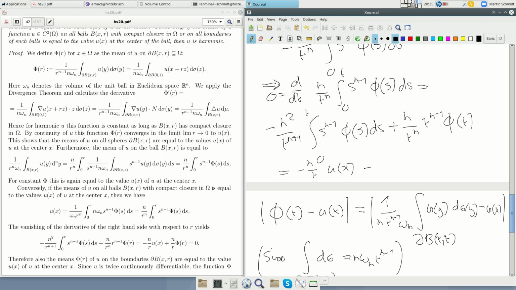And here we have a plus n over r, everything else cancels, so we have this equation. Since this is 0, we get phi of r is equal to u of x.